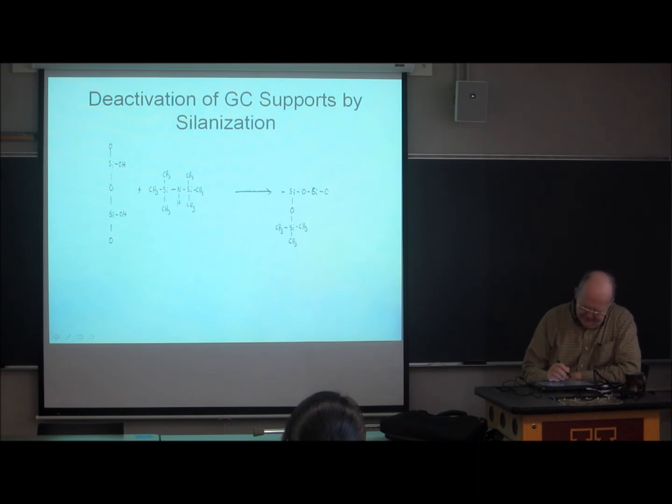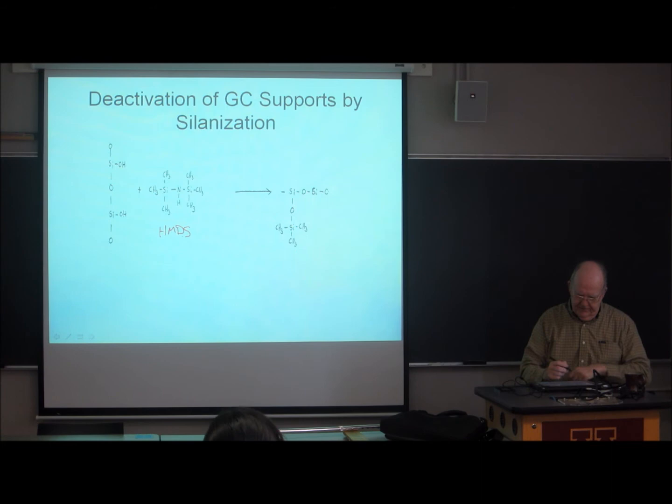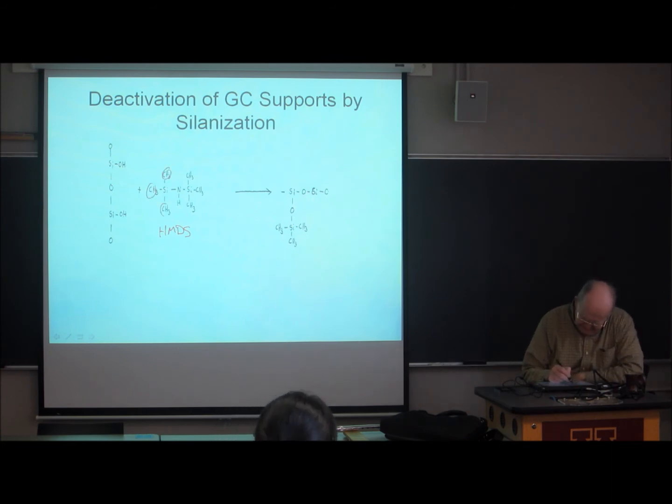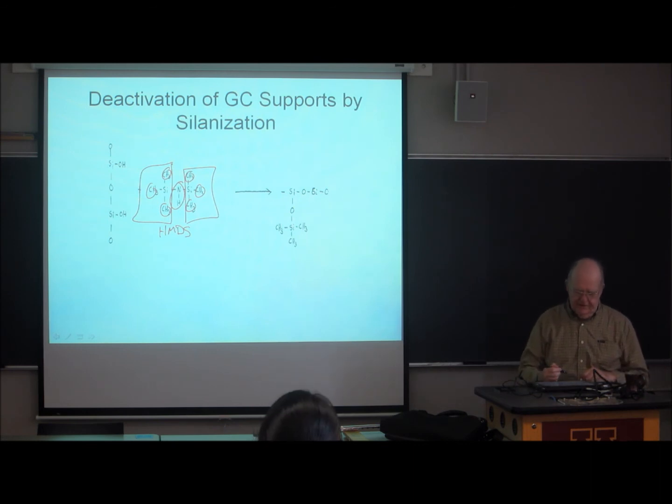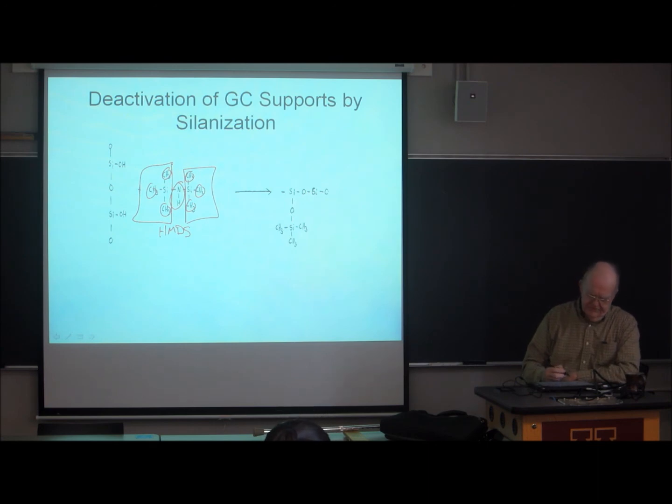In this case, I'm using a compound called hexamethyl disilazane, HMDS for short. Hexamethyl, 1, 2, 3, 4, 5, 6, disilazane, and that tells me that that's an amino group in between the two silane functional groups.